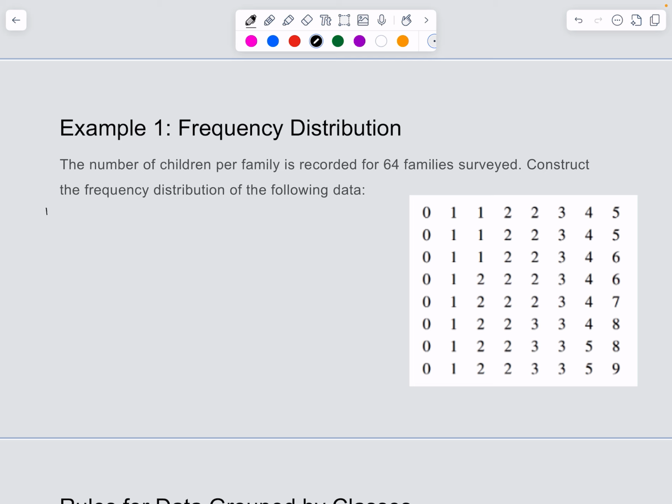So we have the numbers of children, 0, 1, 2, 3, 4, 5, 6, 7, 8, and 9. And then we'll keep track of how many times we see those numbers, so number of families.